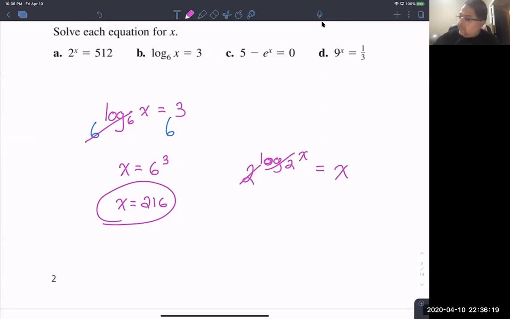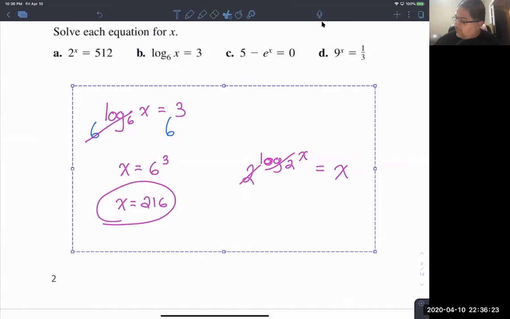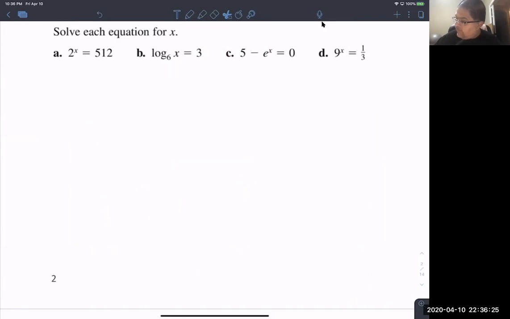Now, let's look at something like letter C. 5 minus e to the x equals 0. Now, like in any other equation, you got to get e to the x by itself. Okay, you got to get the exponent portion by itself.